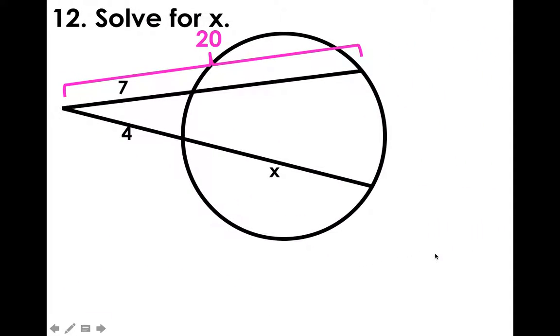Give you a chance to copy down number 12, and then we'll discuss it.